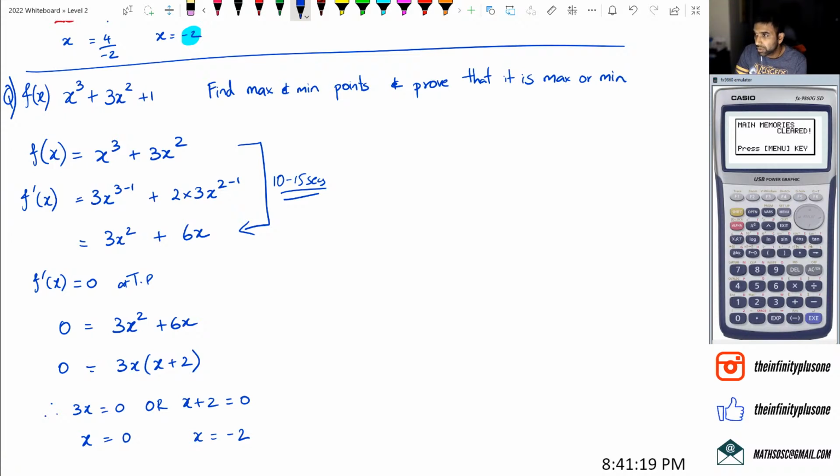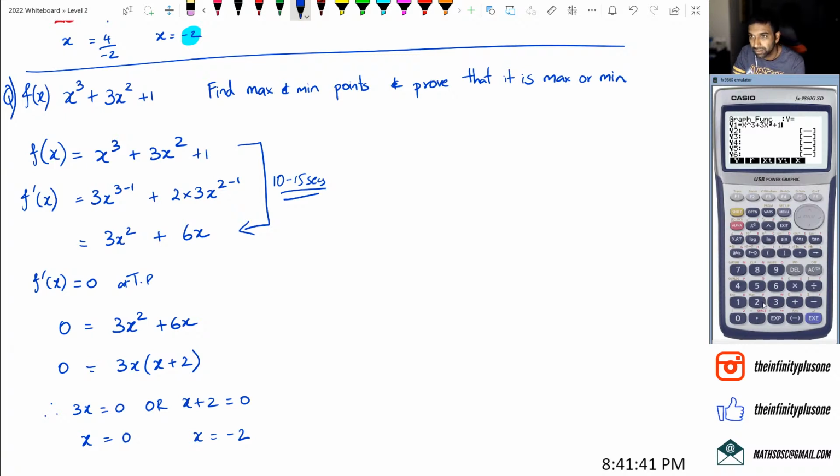I want to show you guys the graph itself. Sometimes this works in your graphics calculator. So you can go to graph mode, and we're going to put this x cubed in there. So we've got x to the power of 3 plus 3x squared plus 1. I actually forgot the plus 1 there.